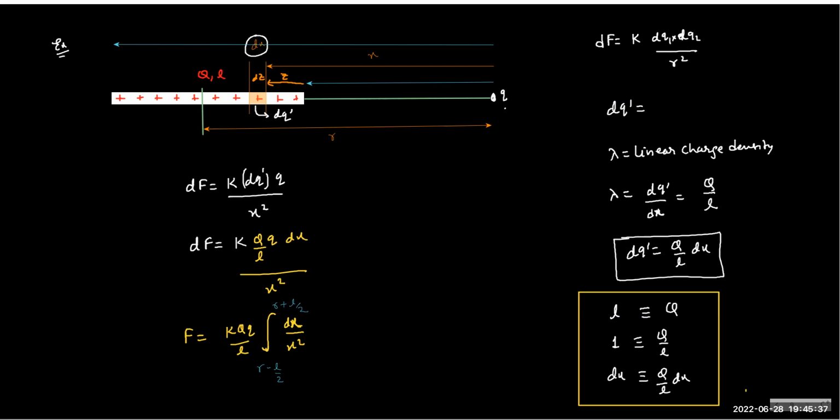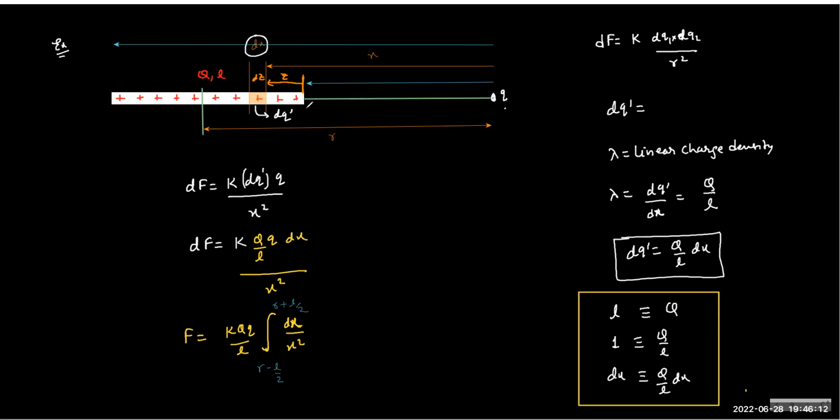So now z is the new variable. What should the limit of z be so that the rod is covered, so that every element of the rod is taken into consideration? The z begins from the rod only. The right end of the rod is the beginning of z.